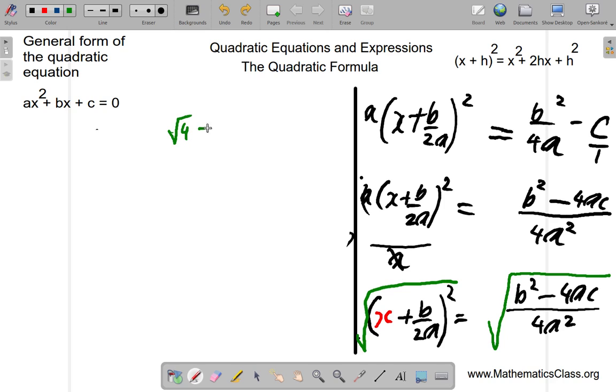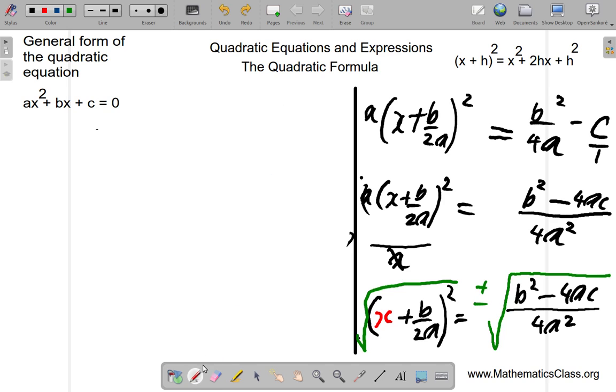The square root of 4 is 2, but it's not only 2. The square root of 4 is a number that multiplies itself to give 4. 2 multiplies itself to give 4. But negative 2 also multiplies itself to give 4. 2 times 2 is 4. Negative 2 times negative 2 is 4. So we can say the square root of 4 is positive and negative 2. That happens with any other number. So the square root of this is positive and negative.